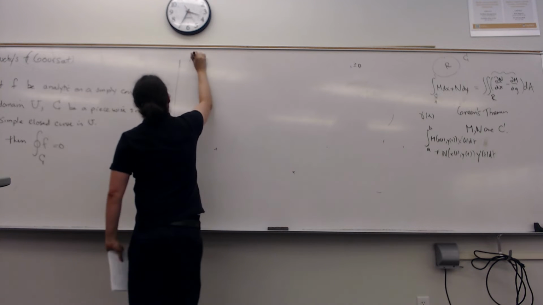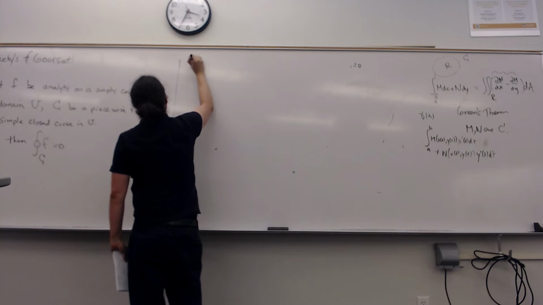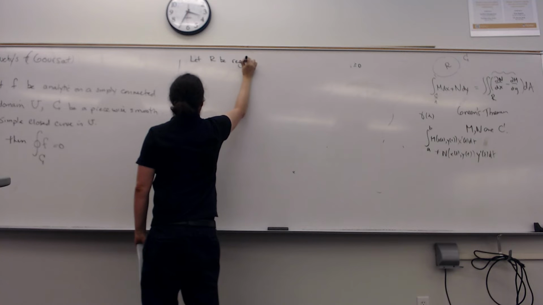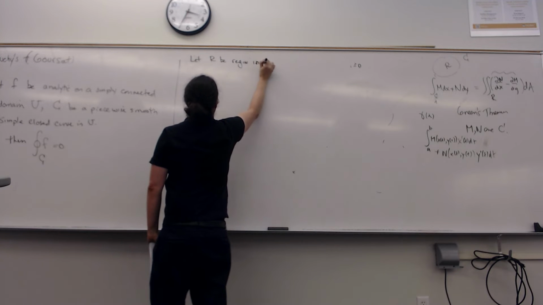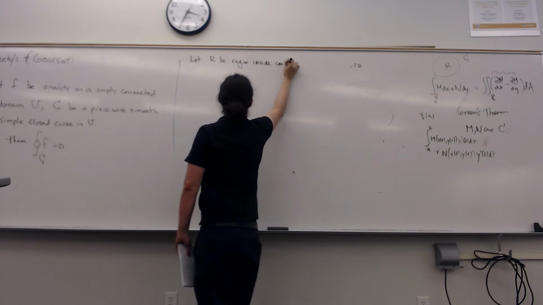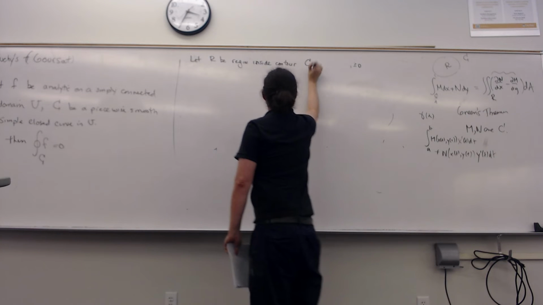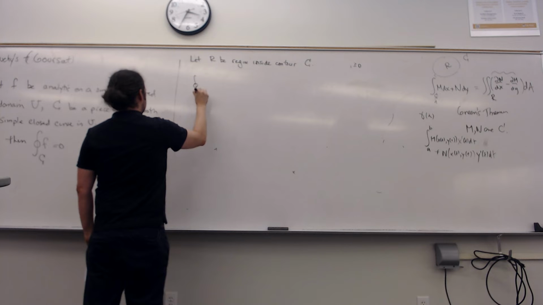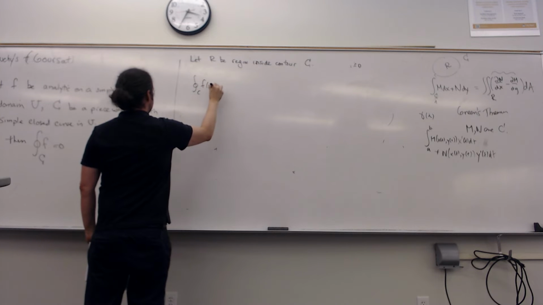Okay, so let R be the region inside the contour C. Then the integral around C of f of z dz.